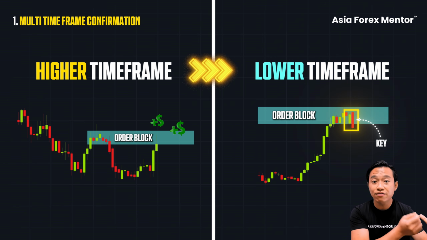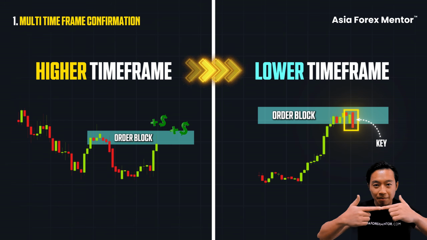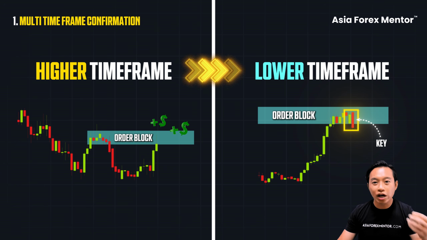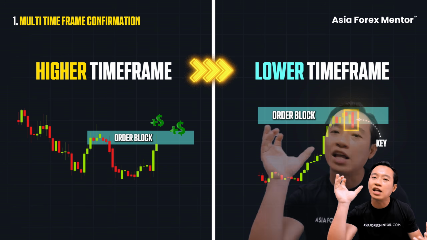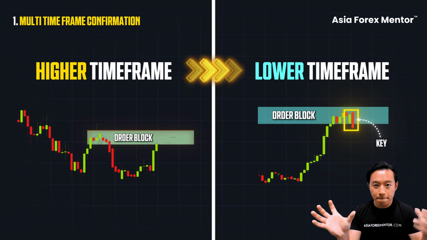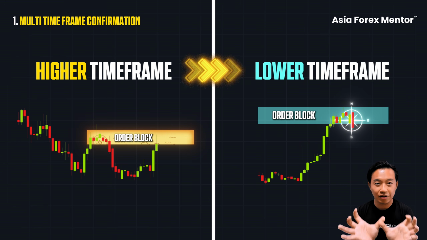It tells you if the door is really opening. When both of them line up, the odds of a successful trade increase dramatically. So you are no longer entering just because, oh, this is an order block. No, you're entering because you have both the map and the compass pointing in the same direction.